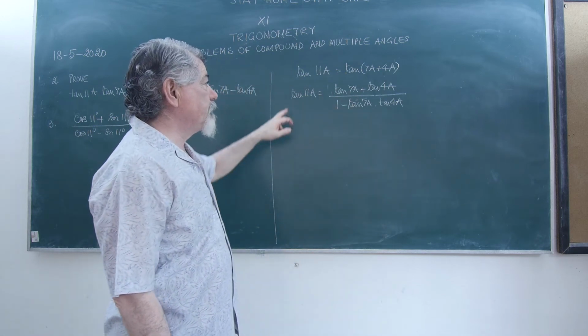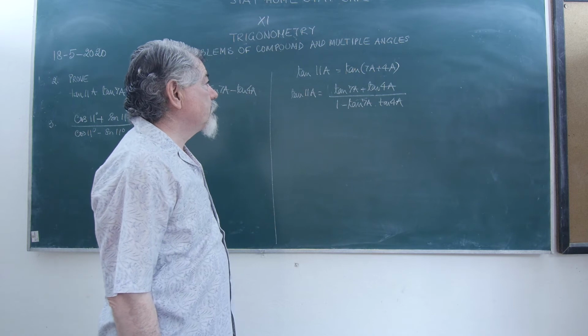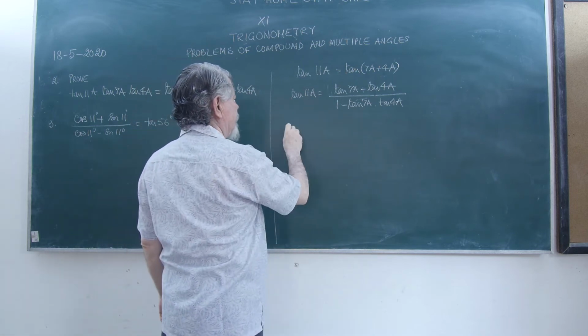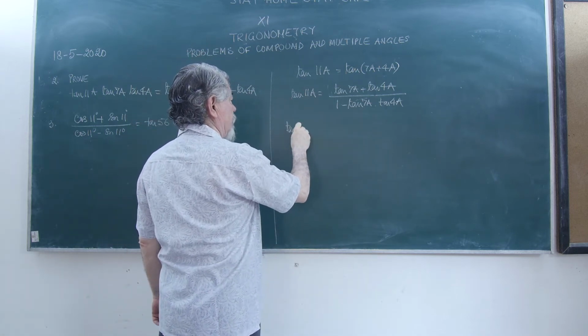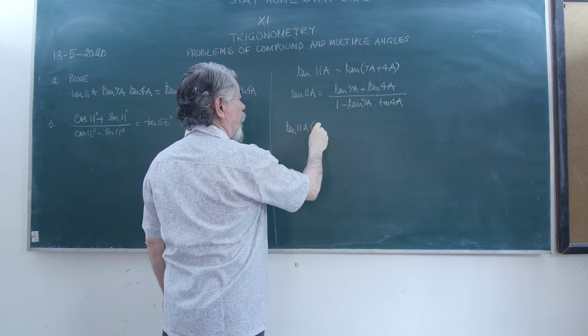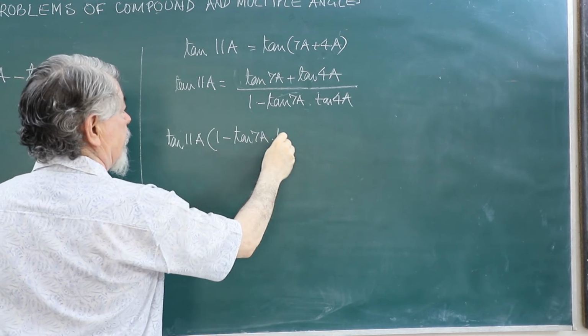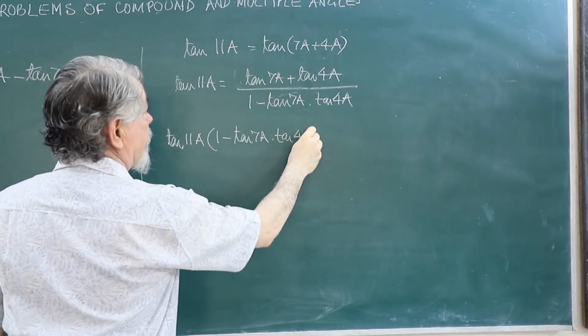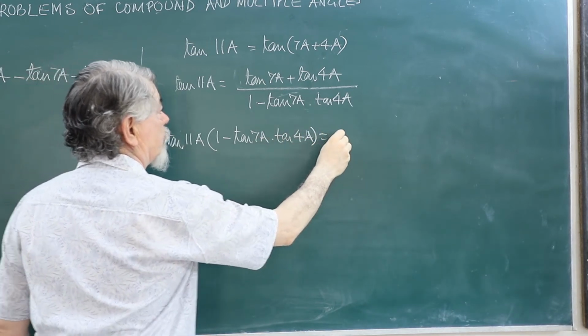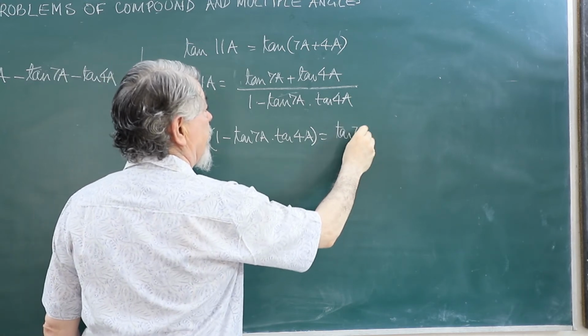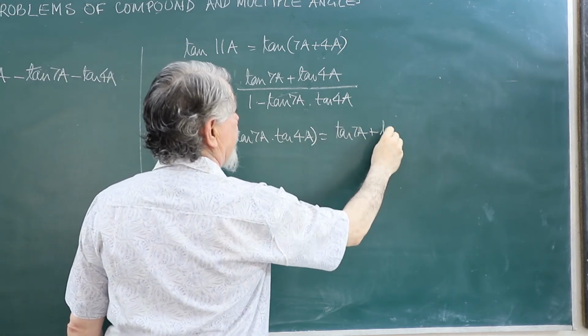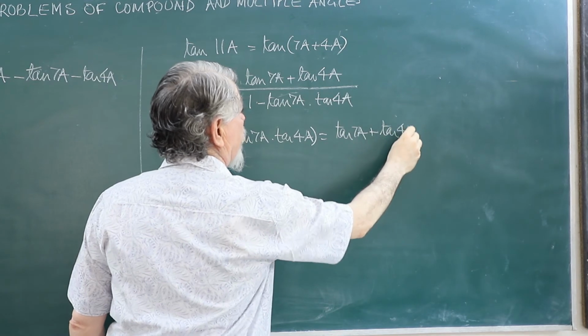Now let us cross multiply. It will become tan 11A into 1 minus tan 7A tan 4A is equal to tan 7A plus tan 4A.